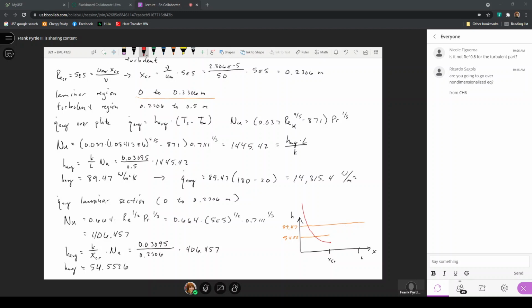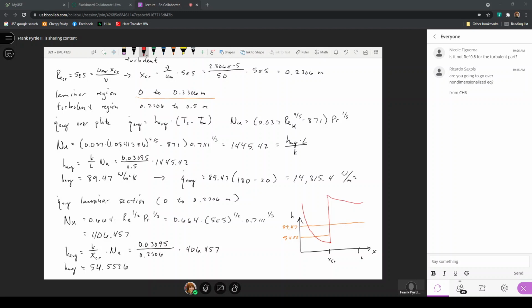And then for the turbulent region, it will look something like this. So I get an average value for the laminar region and an average value for the heat transfer coefficient over the entire length of the plate that includes a laminar and a turbulent region.